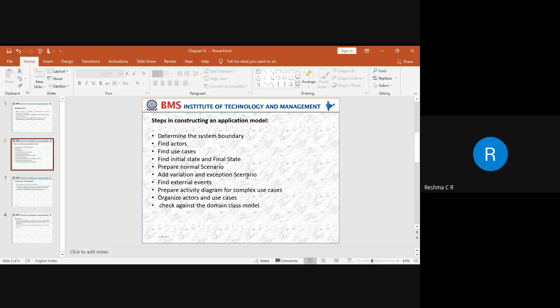Depending upon that, we determine the use cases. It is a partition of the functionality of the system into small discrete units. When you say an ATM application, we have four different use cases.